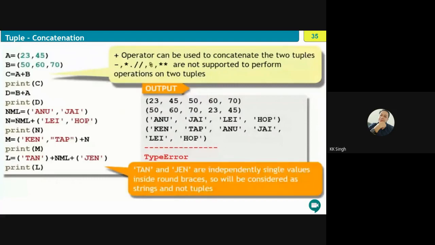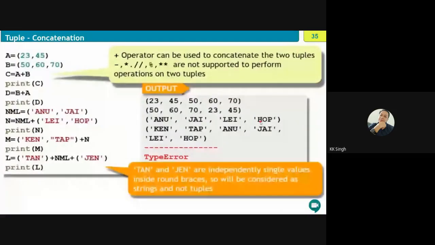In the next statement, N is equal to NML plus Lee and Hope. We are concatenating the tuple NML with Lee and Hope. So the values of N will be Anu, Jack, Lee, and Hope. When you print it, it will give you the output Anu, Jack, Lee, and Hope.